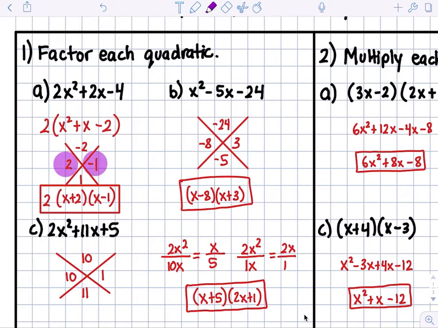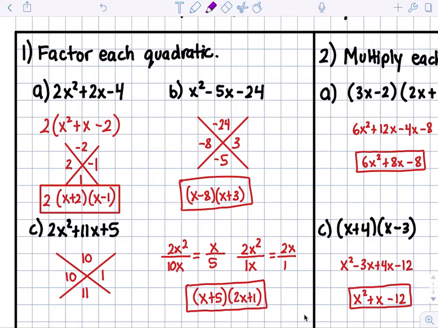And that's 2 and negative 1. And since this a right here is 1, all you guys have to do is just transfer these two to be the factors. So then it's just 2. Don't forget to write down the 2. X plus 2 times x minus 1. 2 coming from there, and then negative 1 coming from there.